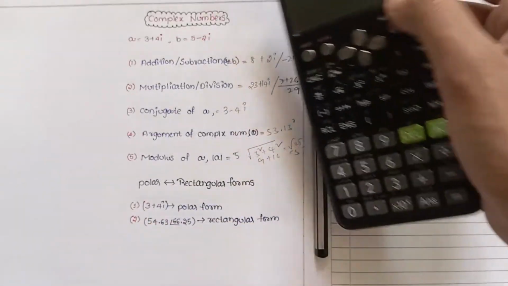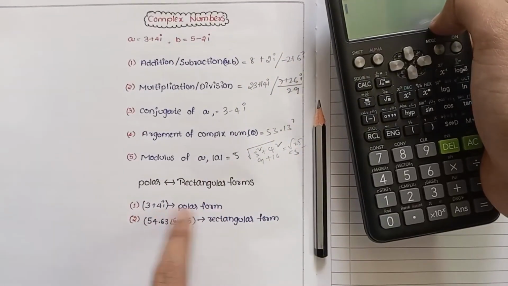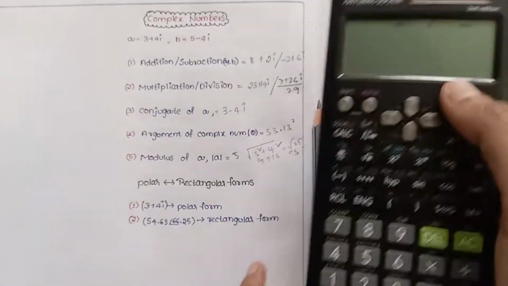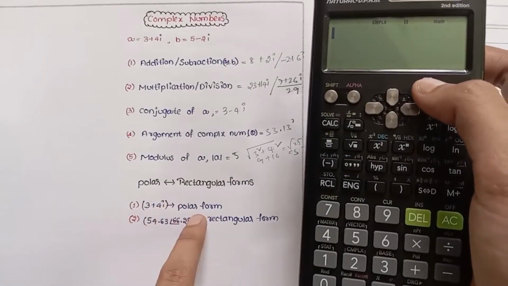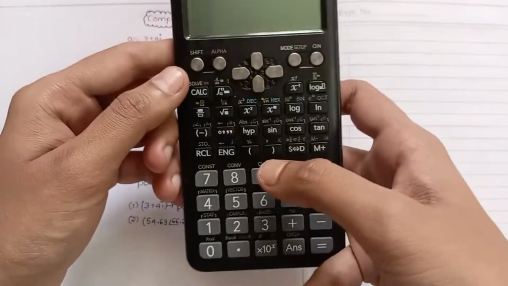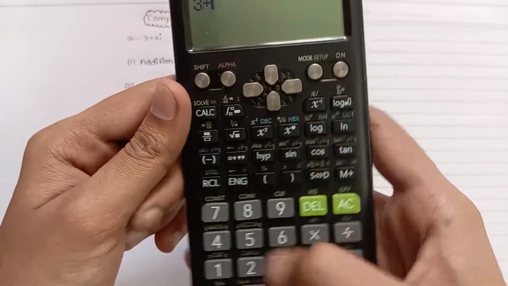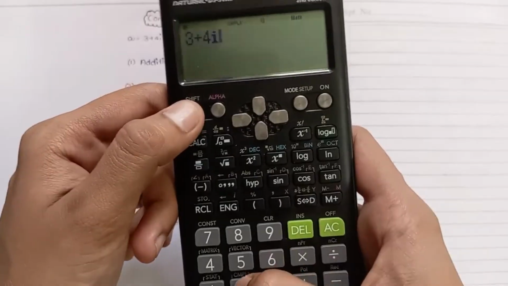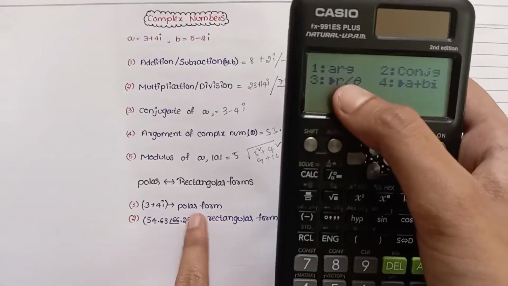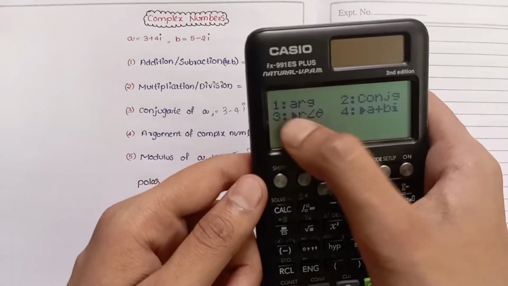Okay, now we'll see how to convert polar to rectangular form and rectangular to polar form. First we will convert this rectangular form to polar form. For that, press 3 plus 4i, again shift plus 2. So for which form we have to convert? Polar form. So this is the polar notation.